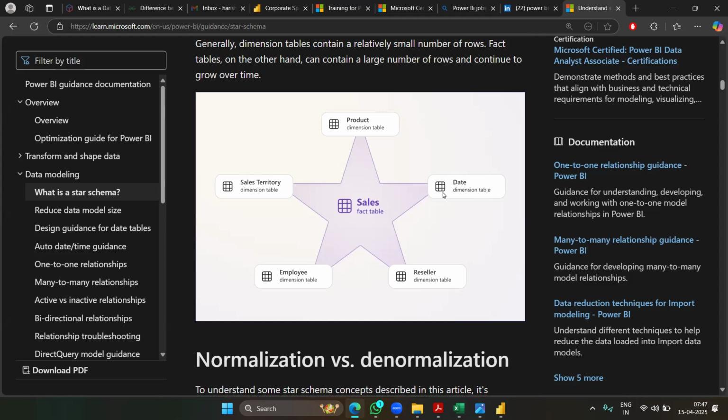Now, instead of storing detailed information about the product or employee, I'm going to store the primary key of the product and employee in the sales table. So the sales table sits at the center, related to the different dimension tables.